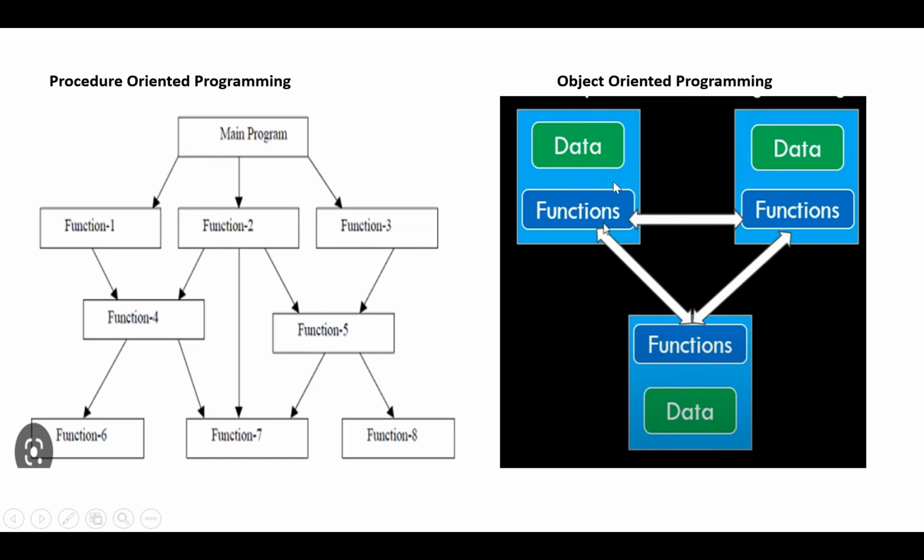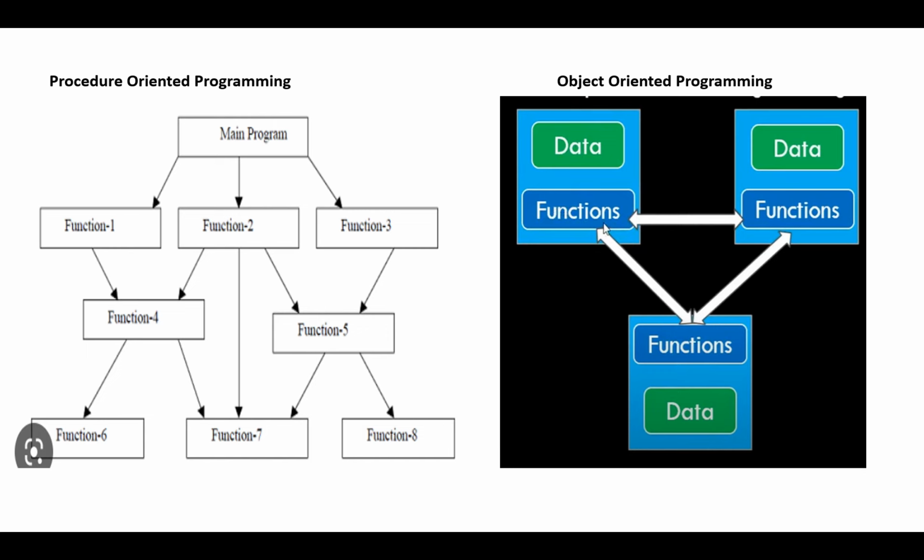So the C language or the procedure-oriented programming language is divided into multiple functions. If you can see here, the program is divided into multiple functions or procedures, and these functions are interdependent on each other.